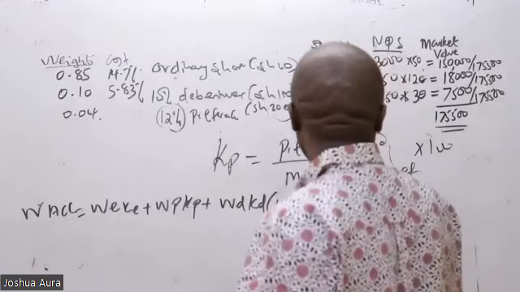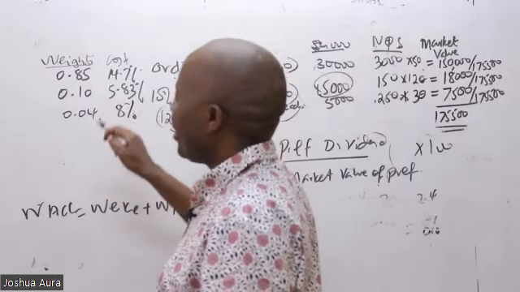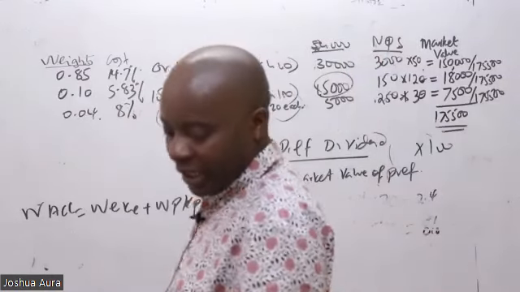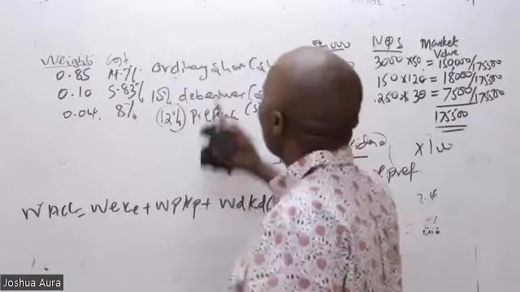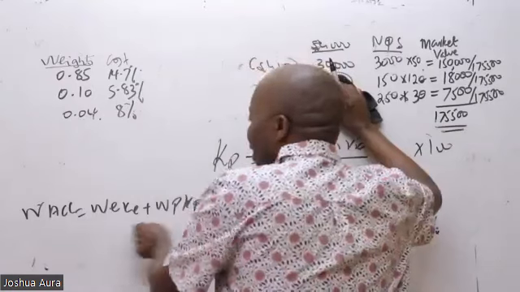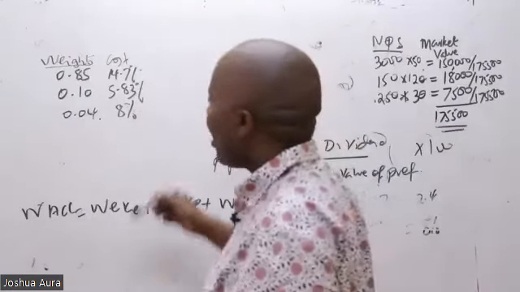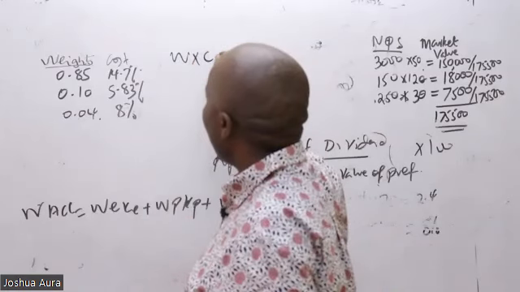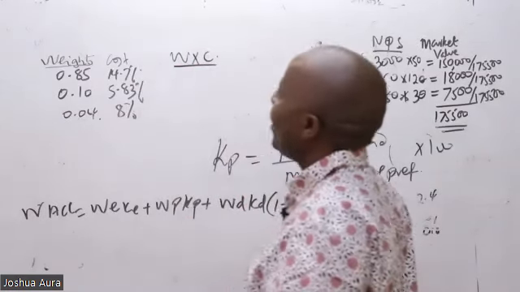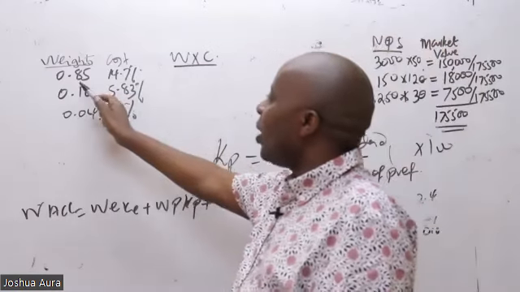So the preference is 8%, right? Yes, thank you very much. Then what you need to do is create a column here. Instead of writing it again, you create a column W times C, the weight times the cost of those securities. You start with the first one.